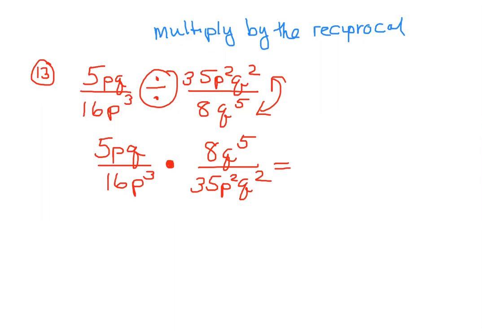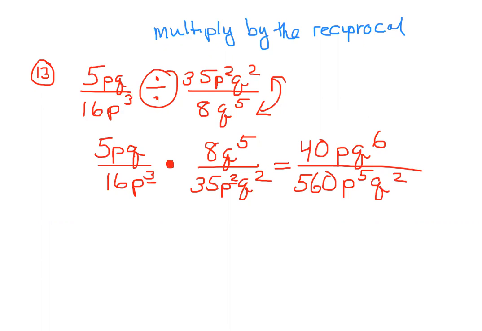So we're going to say 5 times 8 is 40, p q to the 6th, because q times q to the 5th is q to the 6th. And in the denominator, 16 times 35 is 560, p to the 5th, because we have p cubed and p squared, q squared. And now we can just go ahead and cross things off.